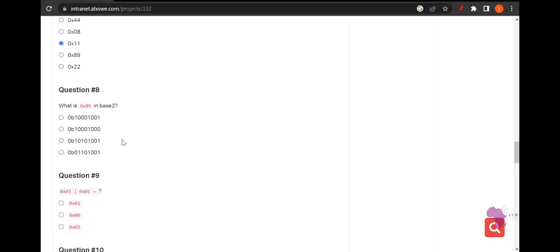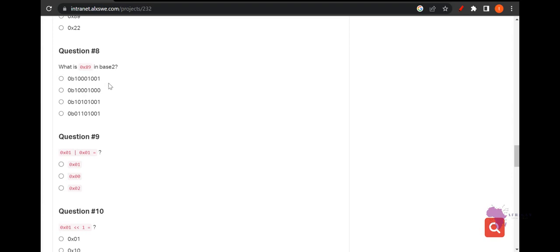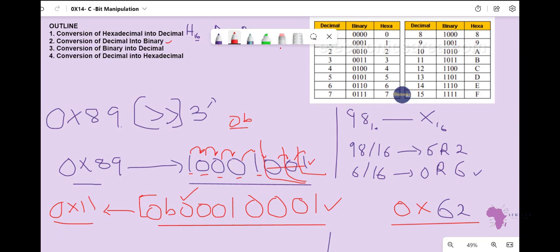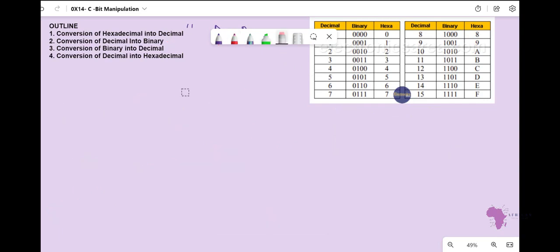Let's get to number 8, 0x89 in base 2. Meaning that you are converting this one into binary. Okay, let me show you. So you have been given 0x89 into binary, right?